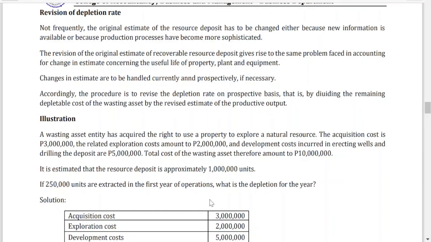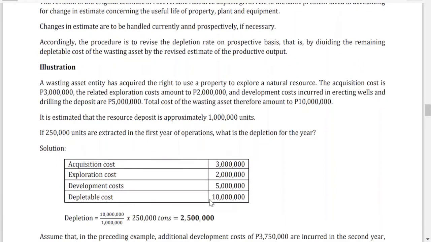Following the formula that we have, the total cost of the wasting asset is a sum of the acquisition cost, the exploration cost, the development cost, intangible development cost, and the estimated restoration cost. In the given problem, we have the acquisition, exploration, and development costs only.